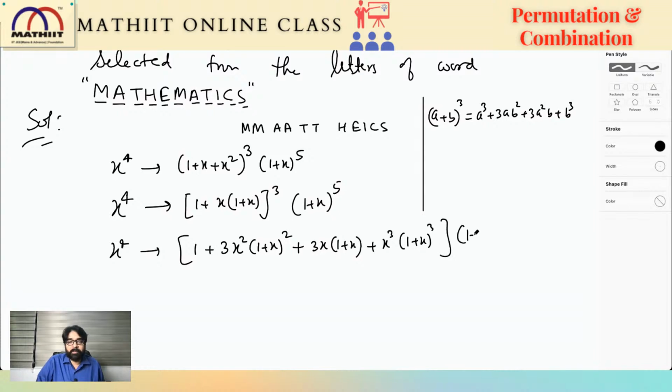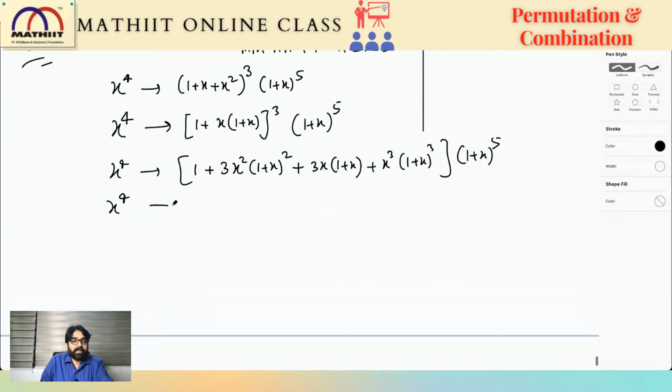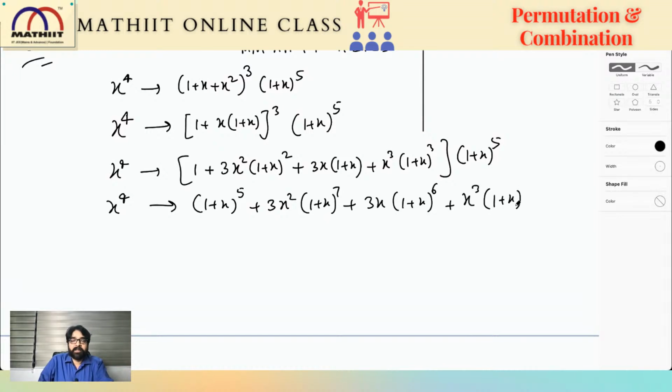Bracket close, (1 plus x) power 5. Now (1 plus x) power 5 I can send inside because that is easier. So we'll get (1 plus x) power 5 plus 3x square into (1 plus x) power 7 plus 3x into (1 plus x) power 6 plus x cube into (1 plus x) power 8.